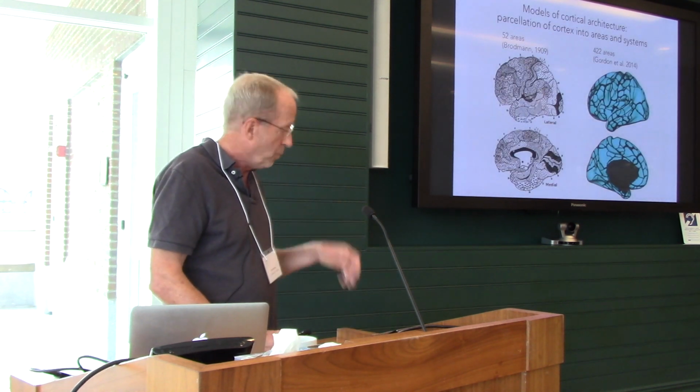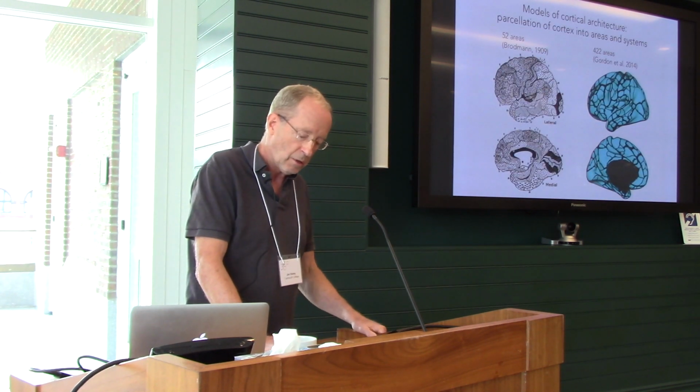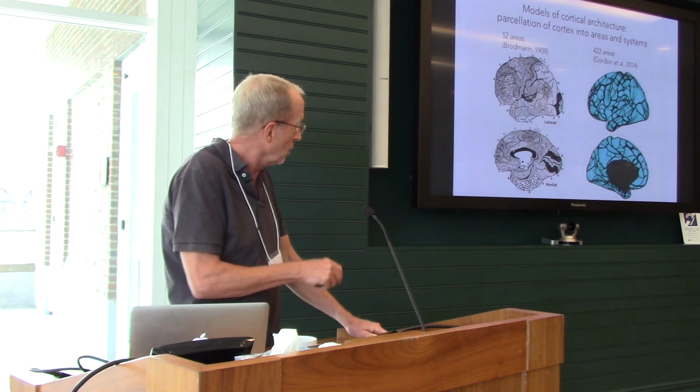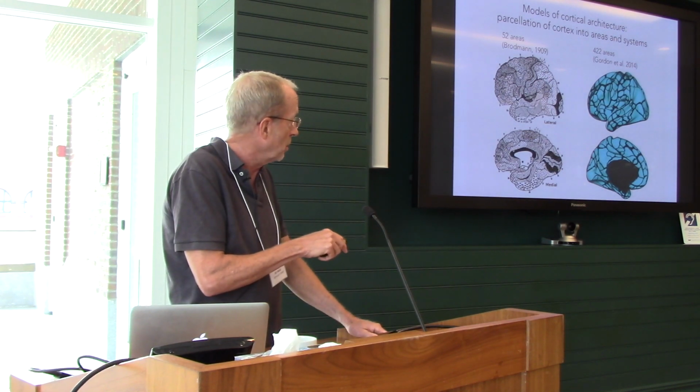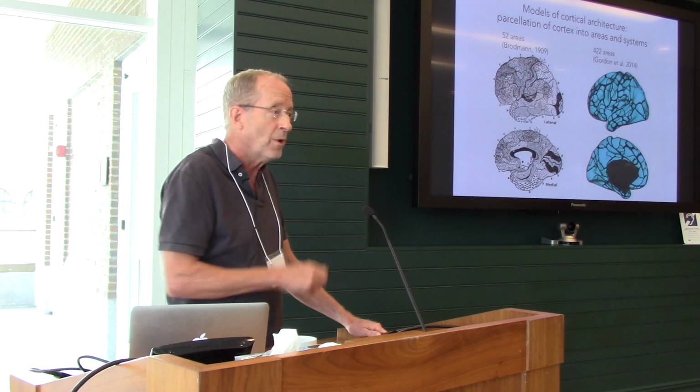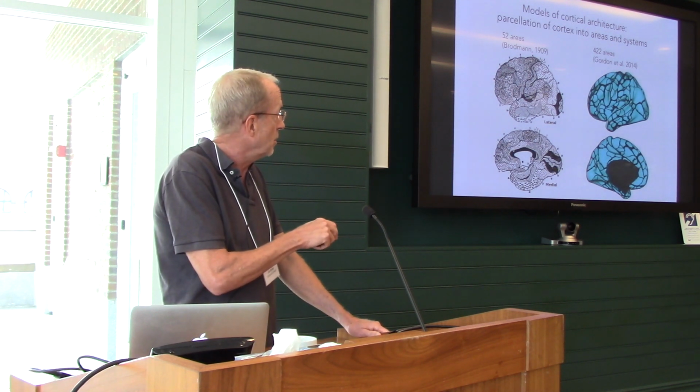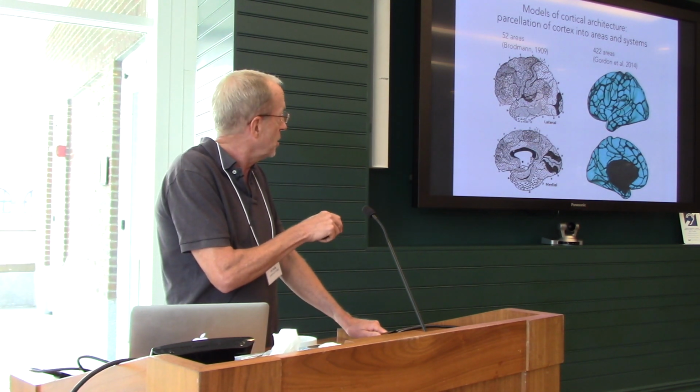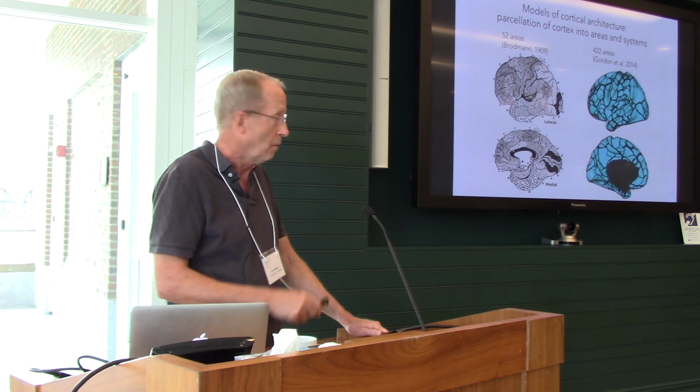Now, how do people think about the topographic organization of the brain? Classically and currently, most labs think about the organization of the brain by dividing the brain into brain areas. This has a long history. This is the Brodmann map from 1909, in which Brodmann divided the cortex into 52 areas.